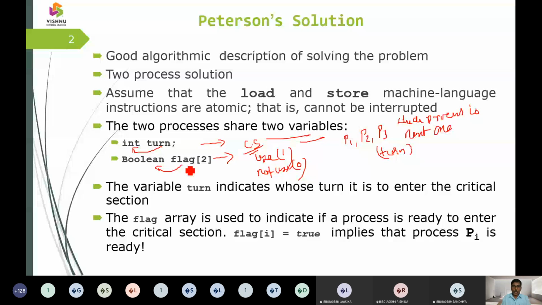So there are two other constructing elements. One is load, another is store, and these two are going to be atomic.